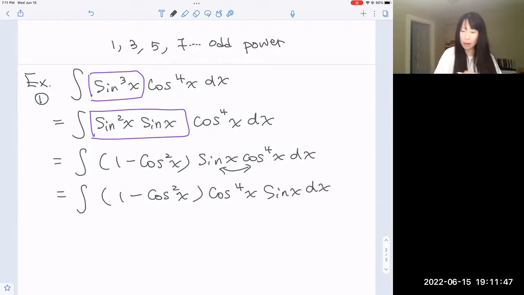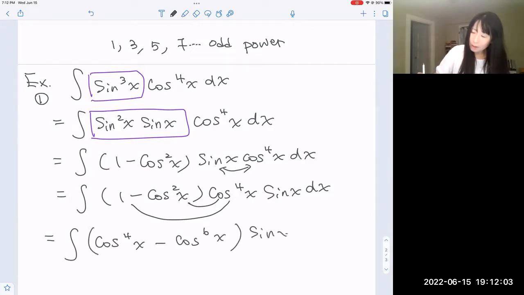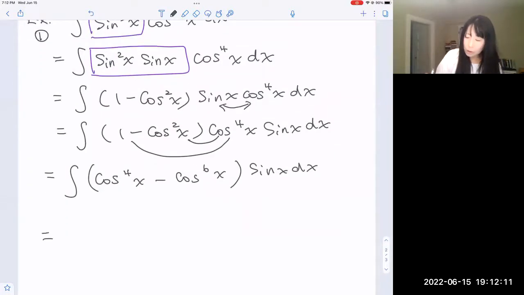Now we distribute. So we will have cosine to the fourth power minus cosine to the sixth power, and we have sine x dx. Now, can you see that? We can distribute.